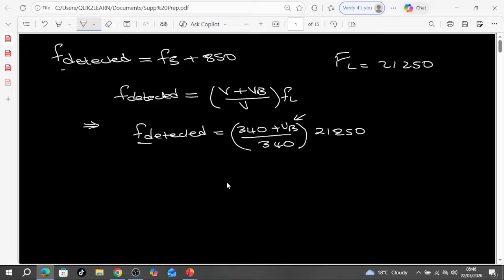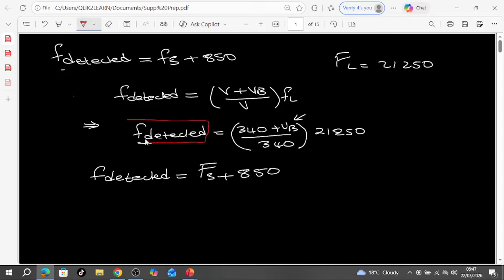But if you still remember, we said the F detected equals Fs plus 850. So now we can substitute this into the formula. Where there's F detected, we can substitute Fs plus 850.